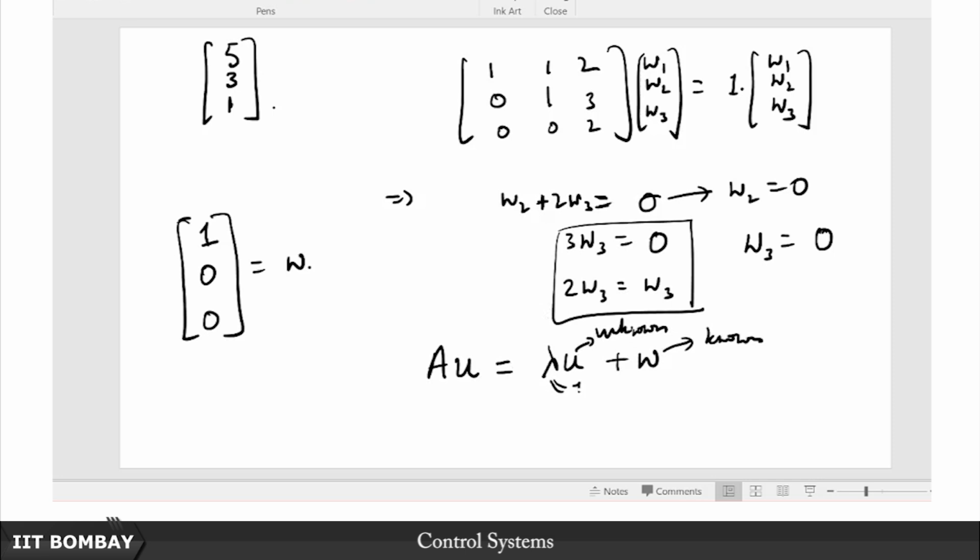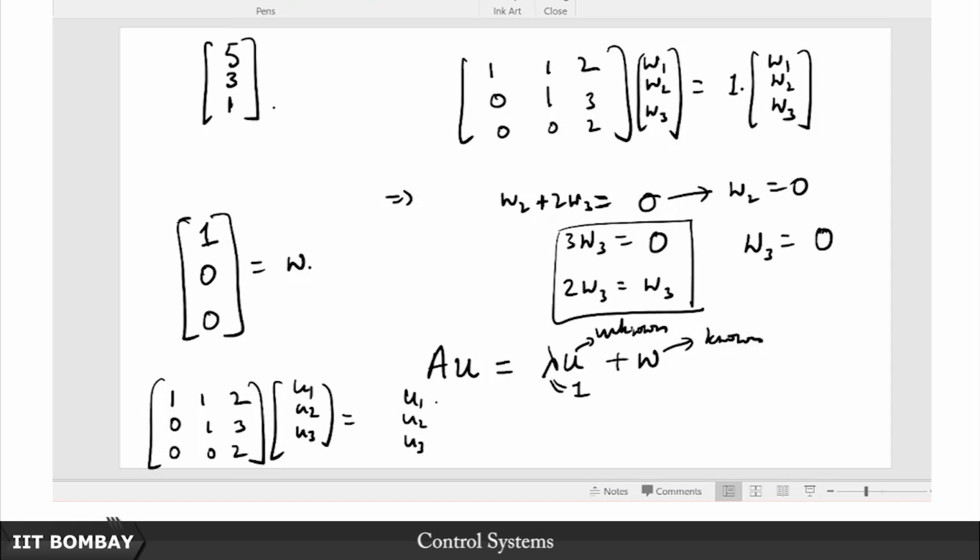This lambda is equal to 1 of course. So now let me write this as the matrix 1, 1, 2, 0, 1, 3, 0, 0, 2 times U1, U2, U3 is equal to U1, U2, U3 plus W, which is basically 1, 0, 0.